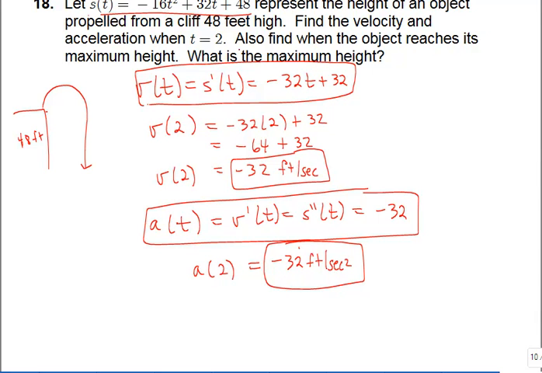Okay, the next question. Find when the object reaches its maximum height. So again, we want to know when this peak is going to happen. And as we talked about earlier, that is going to occur when your derivative, because that's the slope of your tangent line, is 0. So in the context of position and velocity and acceleration, the derivative is velocity. So we need to find out when that velocity is 0.